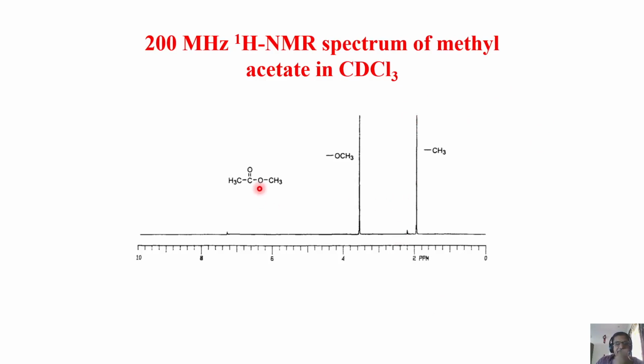Whereas, as I said in the previous example, the CH3 group attached to this oxygen, because it withdraws electrons, comes downfield. Look at the peak height, both are same. But this comes downfield, whereas this comes high field.